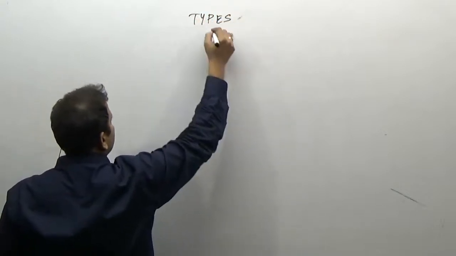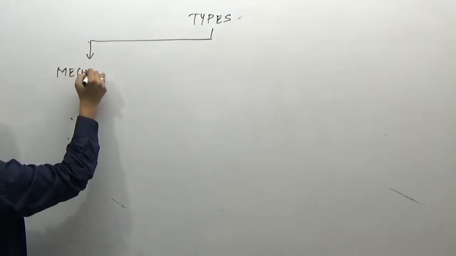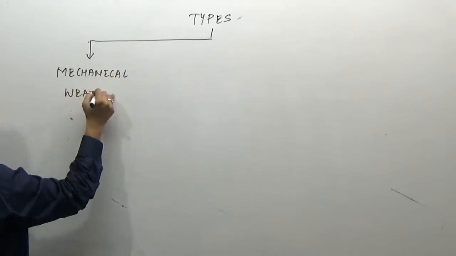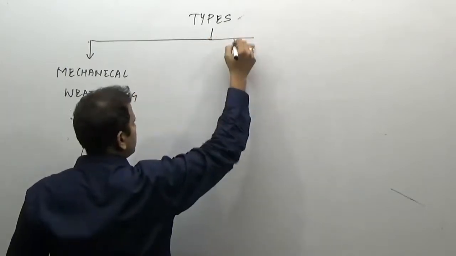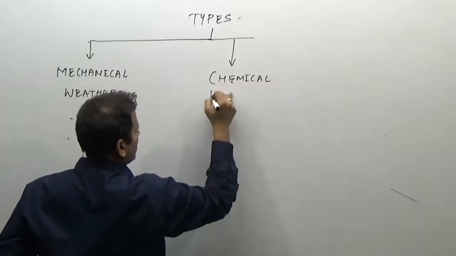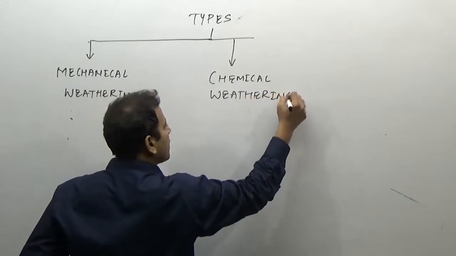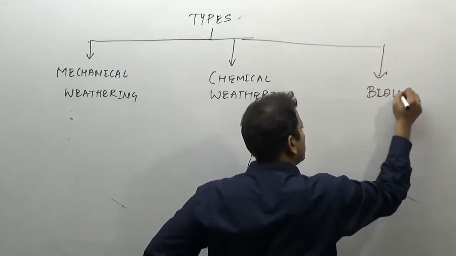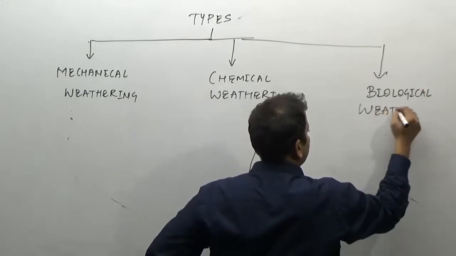We can divide weathering into mechanical weathering, chemical weathering, and biological weathering.